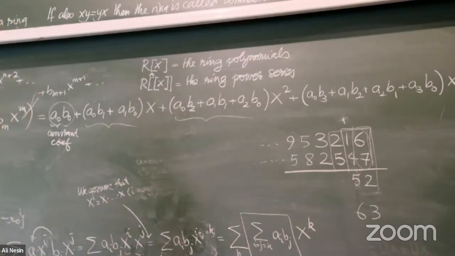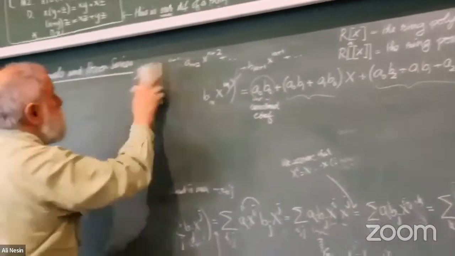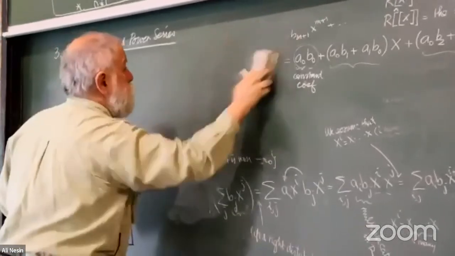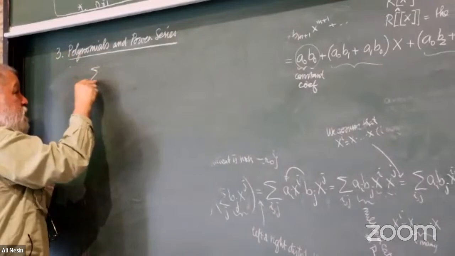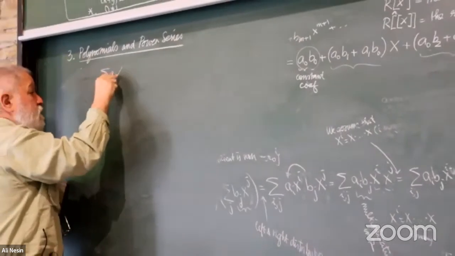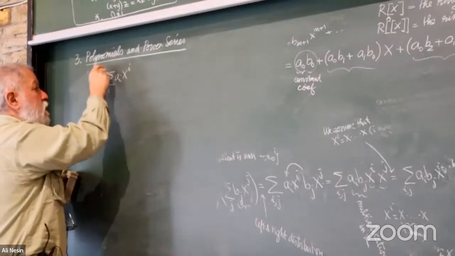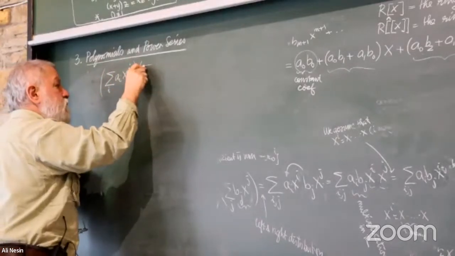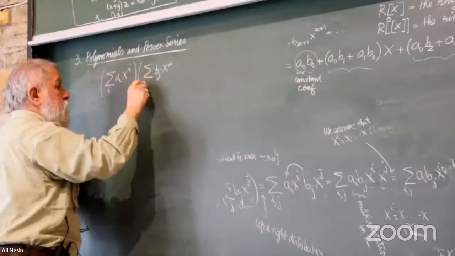Let's give some examples of multiplication in power series. Remember, the multiplication is like this. The sum of a_i x to the i, for i going from 0 to infinity, times the sum of b_j x to the j.